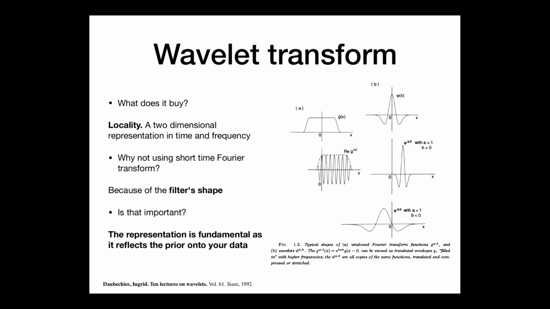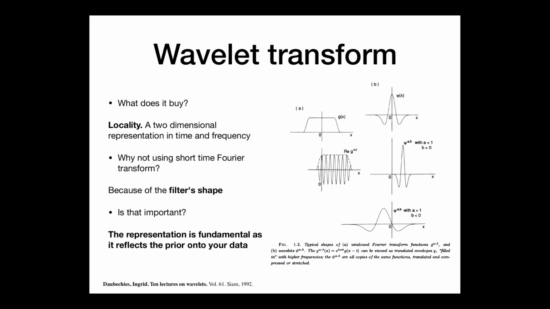But at the same time, this window doesn't change with the frequency, while in the wavelet transform we have the possibility of shrinking the support and at the same time increasing the frequency of the pattern in the support.